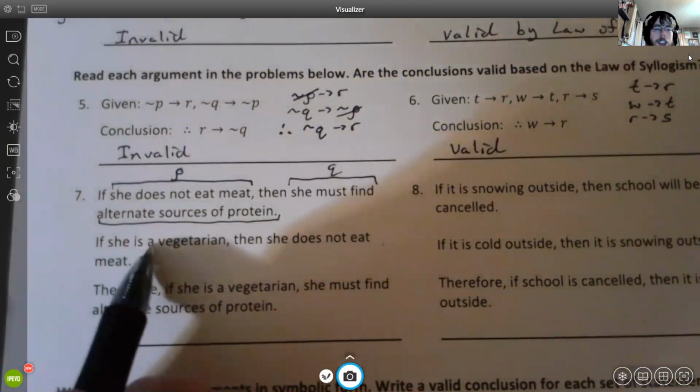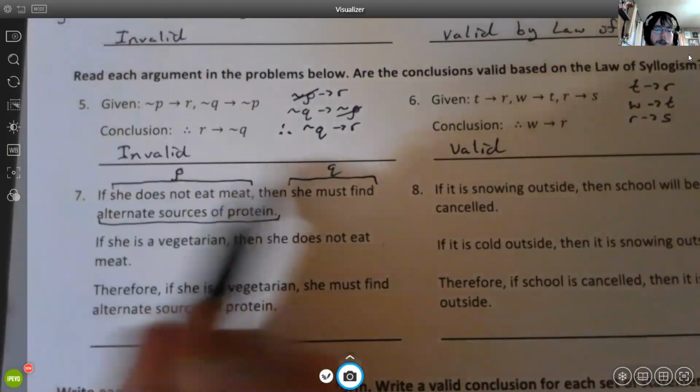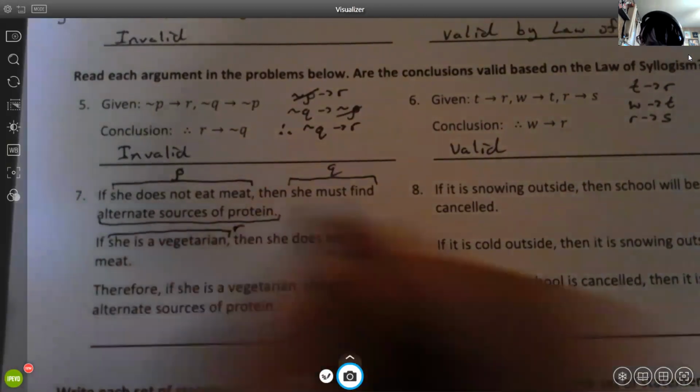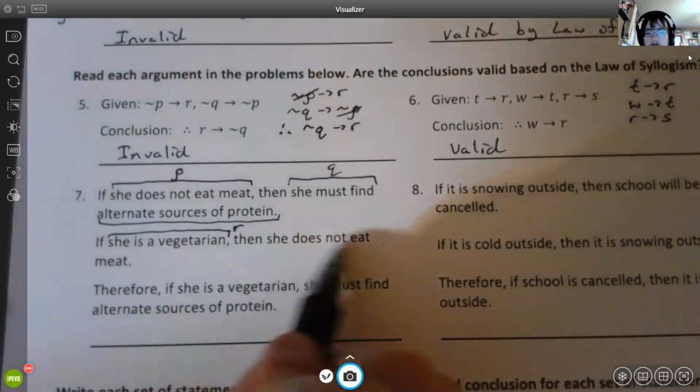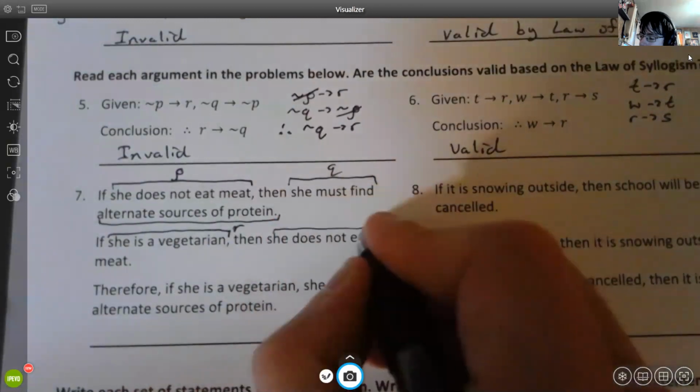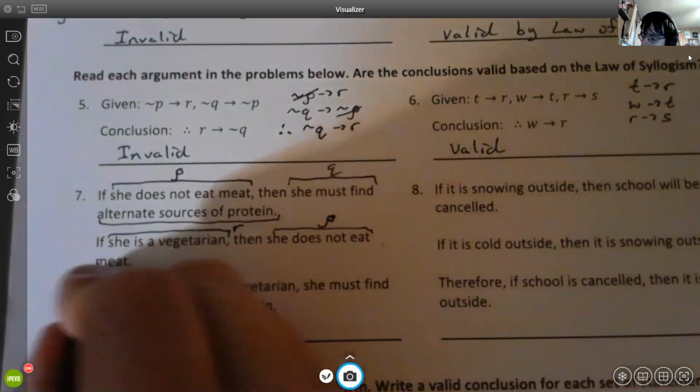Then if she is a vegetarian, well, she is a vegetarian is different from P or Q, so that will be R. Then she does not eat meat. So does not eat meat, that would be P again.